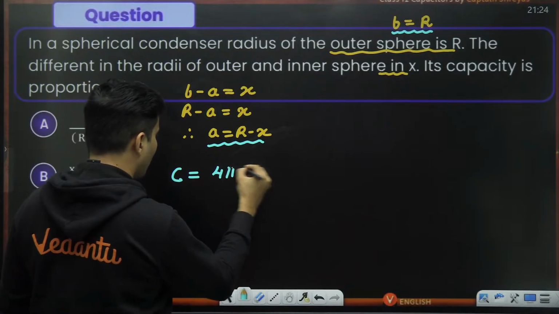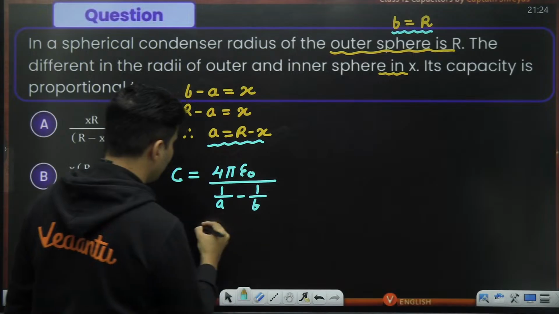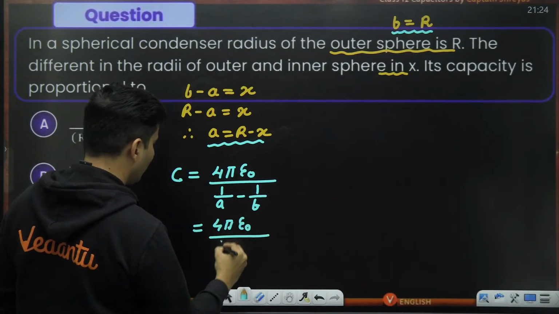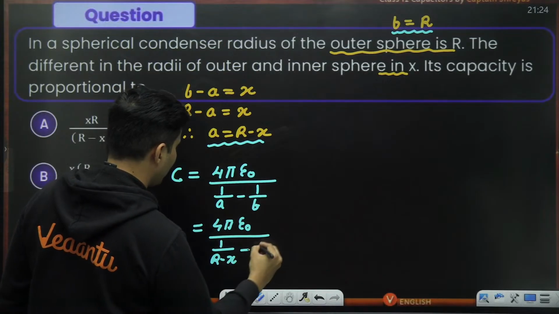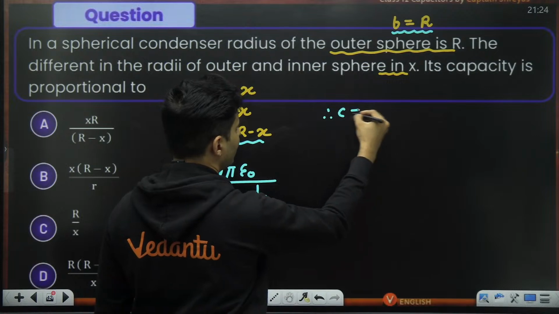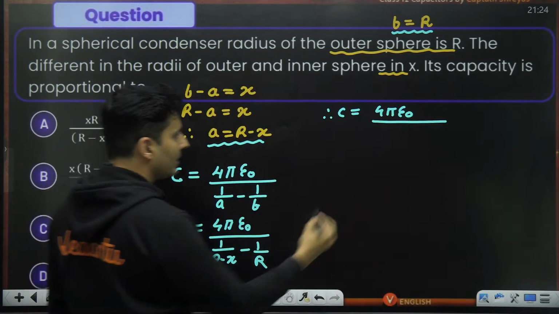Capacitance is 4 pi epsilon naught 1 by A minus 1 by B. So 4 pi epsilon naught 1 by A means 1 by R minus X minus 1 by B. B is nothing but R. So therefore, capacitance will be 4 pi epsilon naught. Here take the LCM.